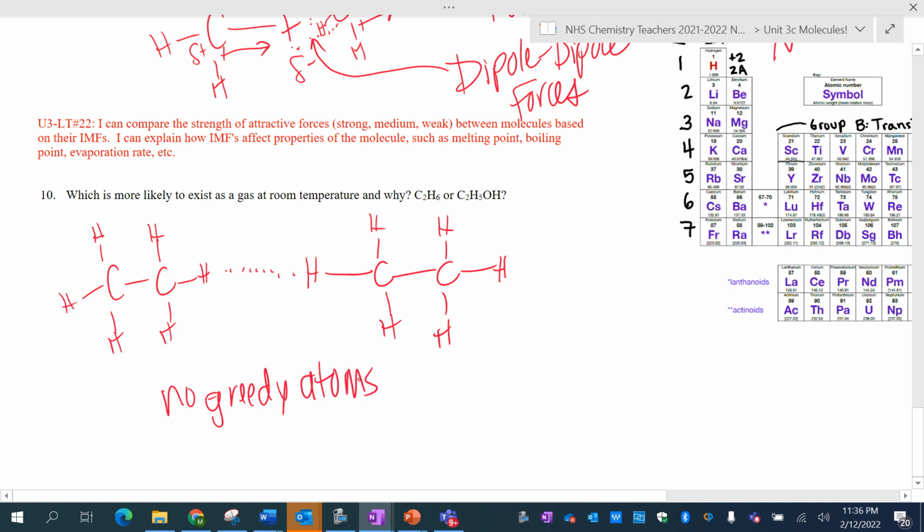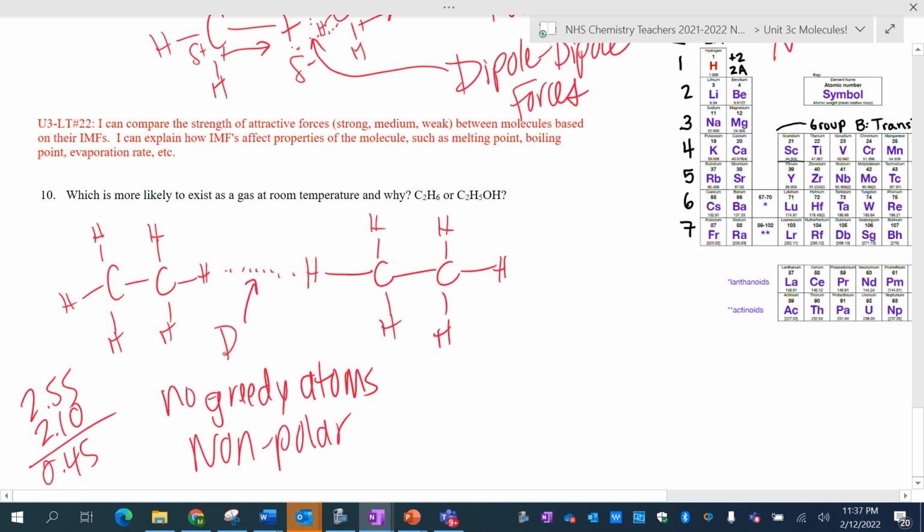Carbon and hydrogen, it's just a tie. Remember, it's 2.55 for carbon's electronegativity minus hydrogen's 2.1. That's only a difference of 0.45. So what this means is these are nonpolar molecules. And so the intermolecular force would be very weak. It would be dispersion forces. So they're only held weakly together.